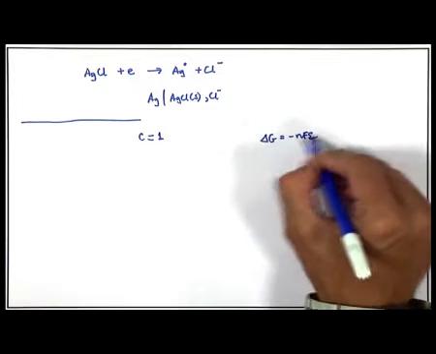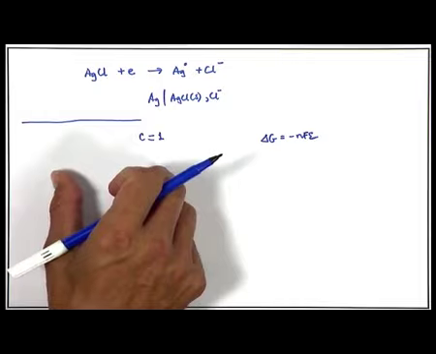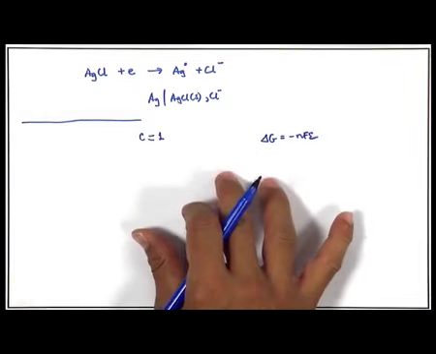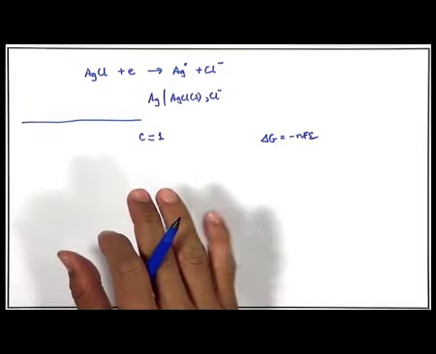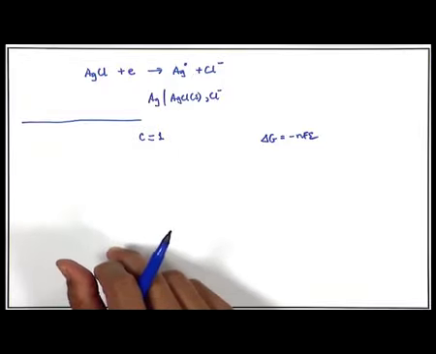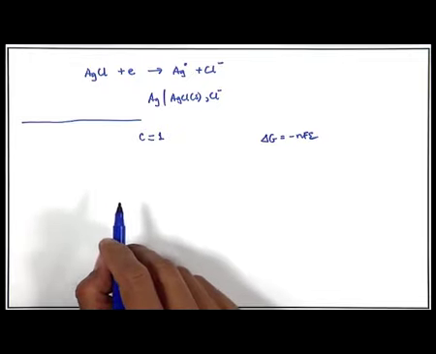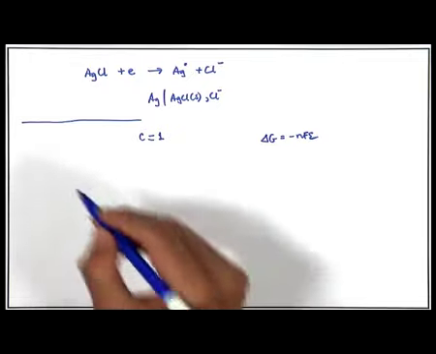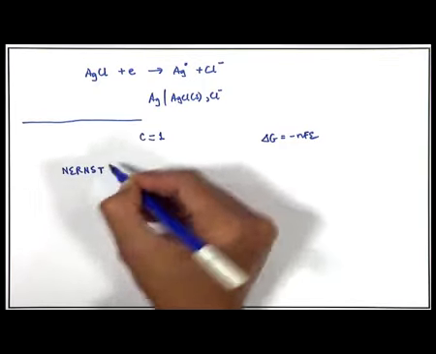If you plug this information into the delta G expression for a chemical reaction operative in the electrochemical cell, you will end up with an expression known as the Nernst expression, the Nernst equation.